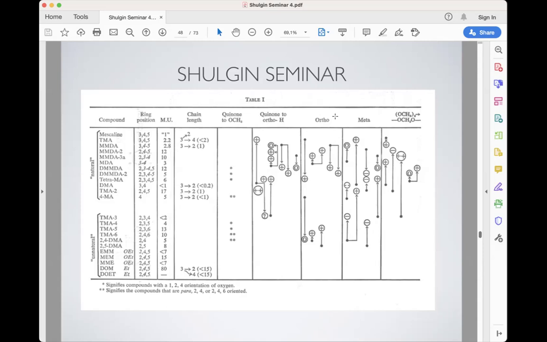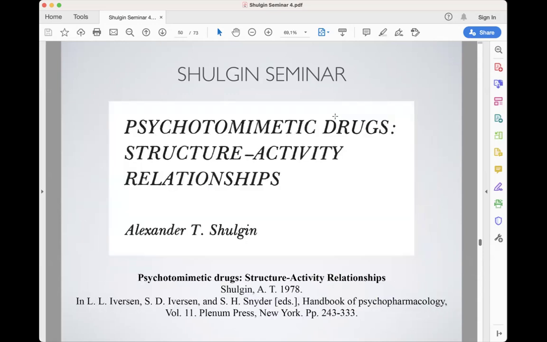Okay. So anything more on this paper, or shall we proceed to the last two that we would like to discuss today? We still have a few more minutes because there are 2 more papers. One is the largest one. The 1978 paper, Psychotomimetic Drug Structure Activity Relationships.